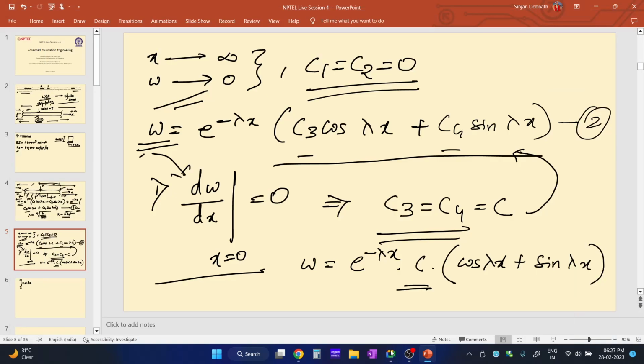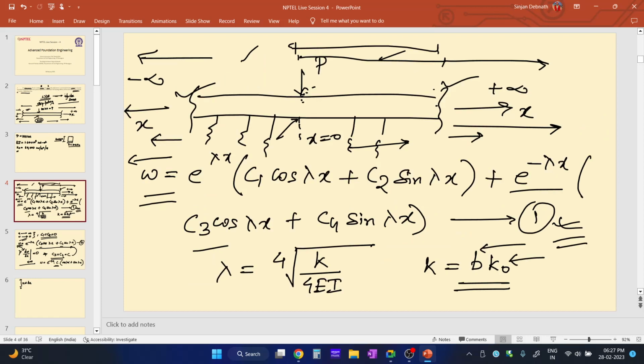Okay, fine. So now let's come to the next boundary condition. At the point of application of load, which is x equal to 0, we can say that is the reference point, because the right part is extending towards infinity and the left part towards negative infinity, so the load is acting at the middle.